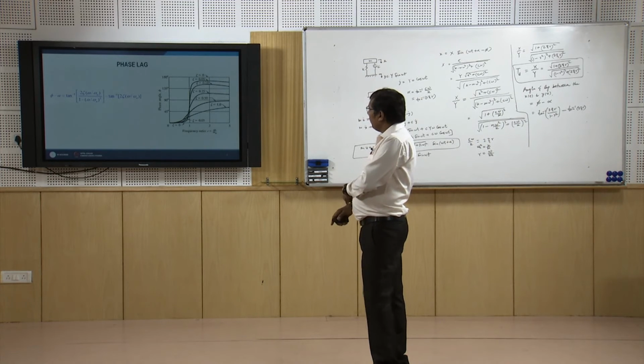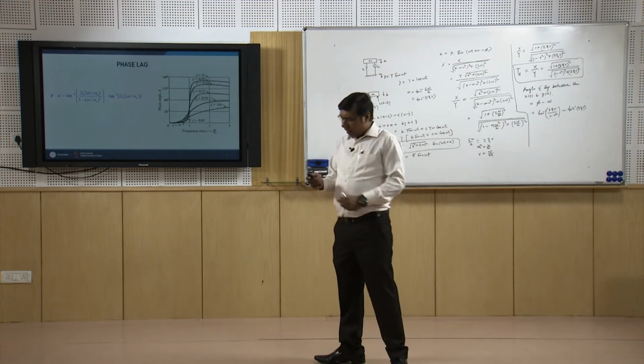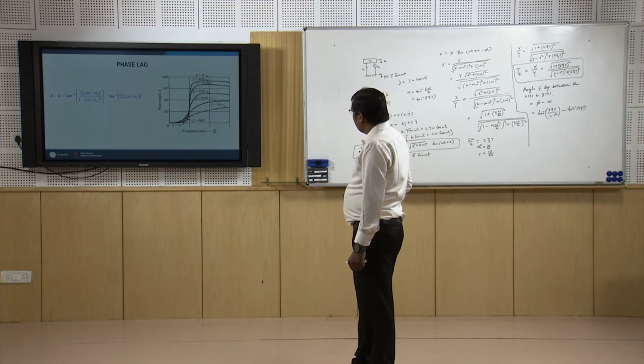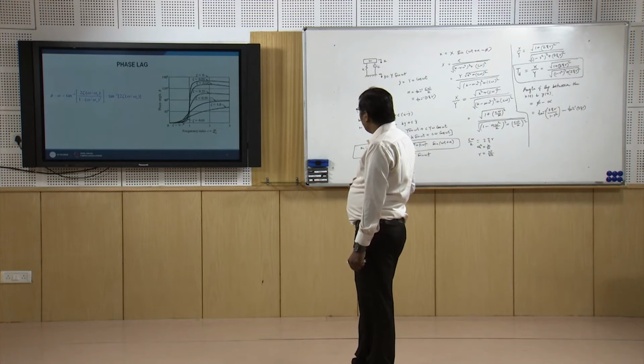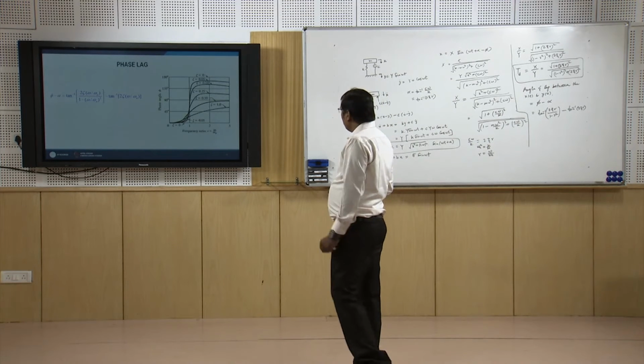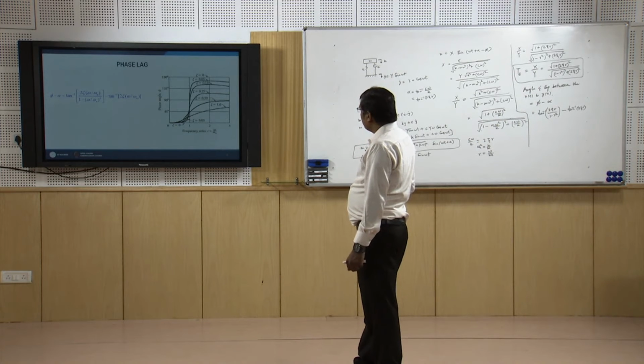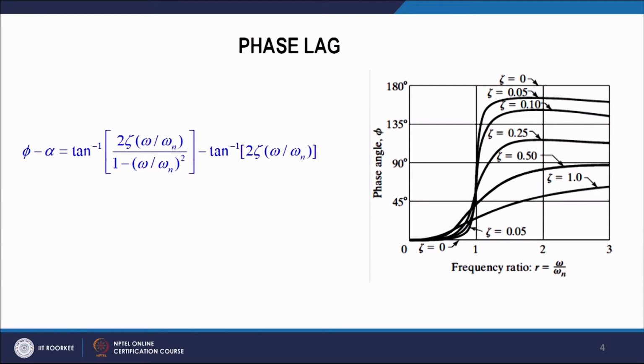Similarly, if we see the phase lag, the phase starts from 0, and for zeta less than 0.5 it goes to some maxima and then comes down, tending towards 90 degrees, while for zeta greater than 0.5 there is no maxima, but it directly increases to 90 degrees for higher values of r.